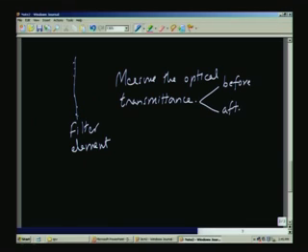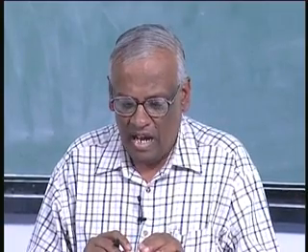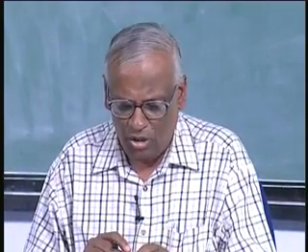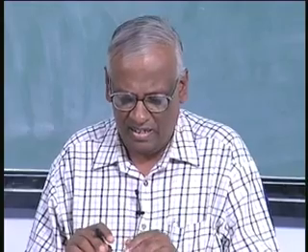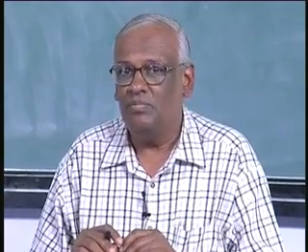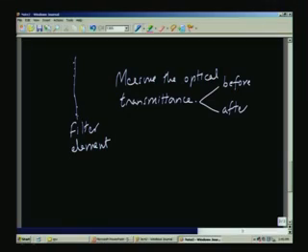That means that you have the filter element without any deposition, you find out what is the transmittance of that for optical or that is visible light of some suitable wavelength or frequency, and then after the deposition has taken place, you find out what is the change in the transmittance. So, that can be another way of measuring.